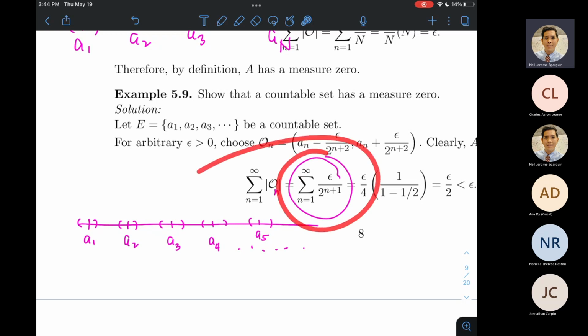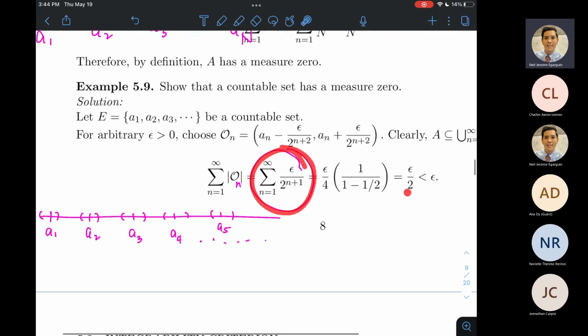Tapos gamitin nyo lang yung math38 powers nyo para pagko-compute ng sum ng isang geometric series. You will see that this sum will be epsilon over 2. And epsilon over 2 is less than the budget epsilon that were given to you earlier. So that means any countable set is also of measure 0. Okay? So at least may dalawa na tayong family ng mga sets na ang measure nila ay 0.